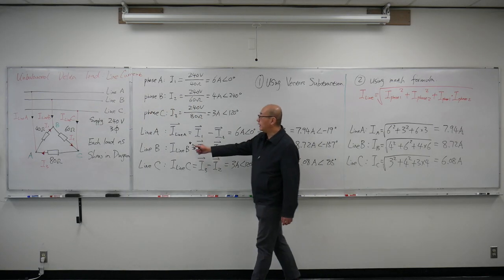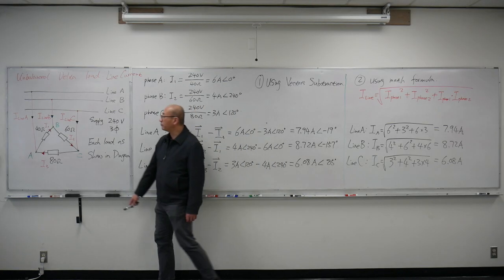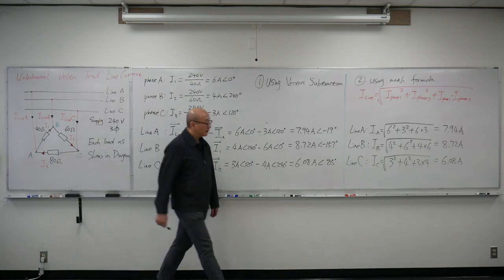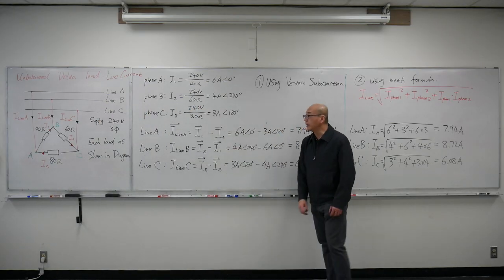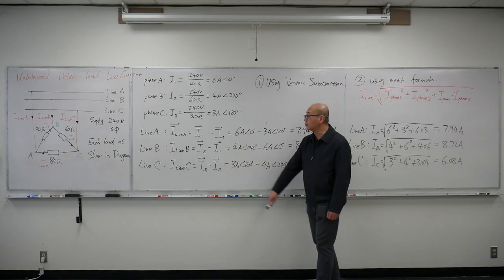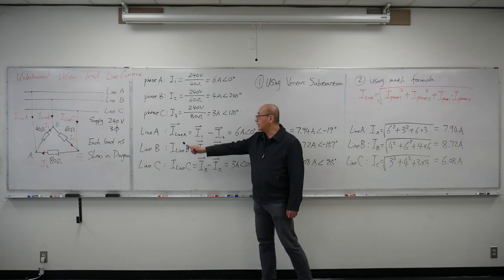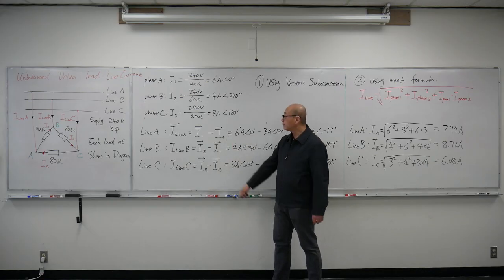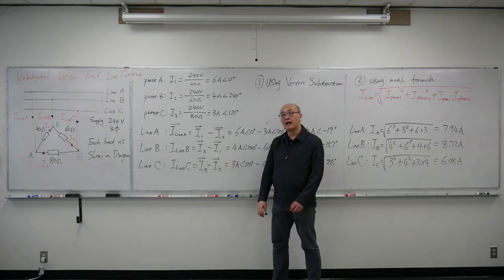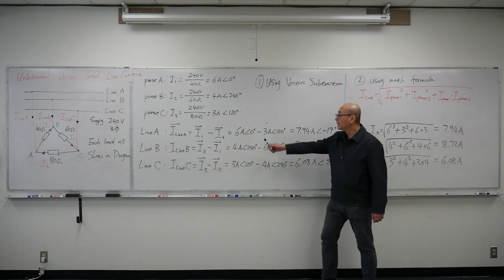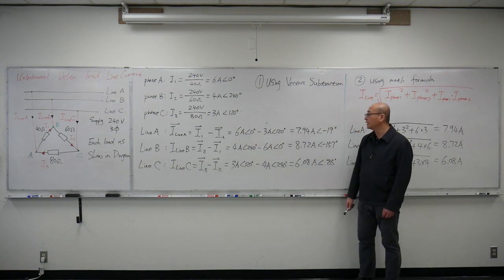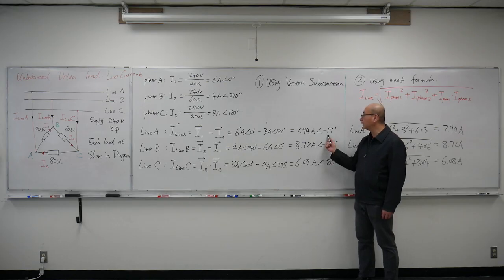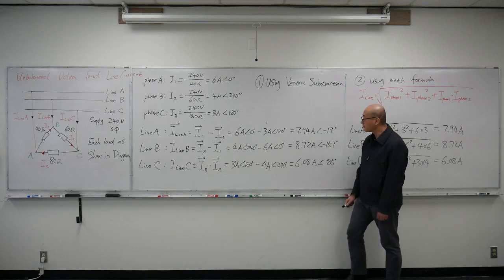So the line current A will be the difference between phase current 3 and phase current 1. By looking at which one goes into the junction and which one goes out of the junction, line current A is going to be phase current 1 subtract phase current 3. But they are all vectors because they have a degree related to them. By using vector calculation, I got line A at 7.94 amps at negative 19 degrees.